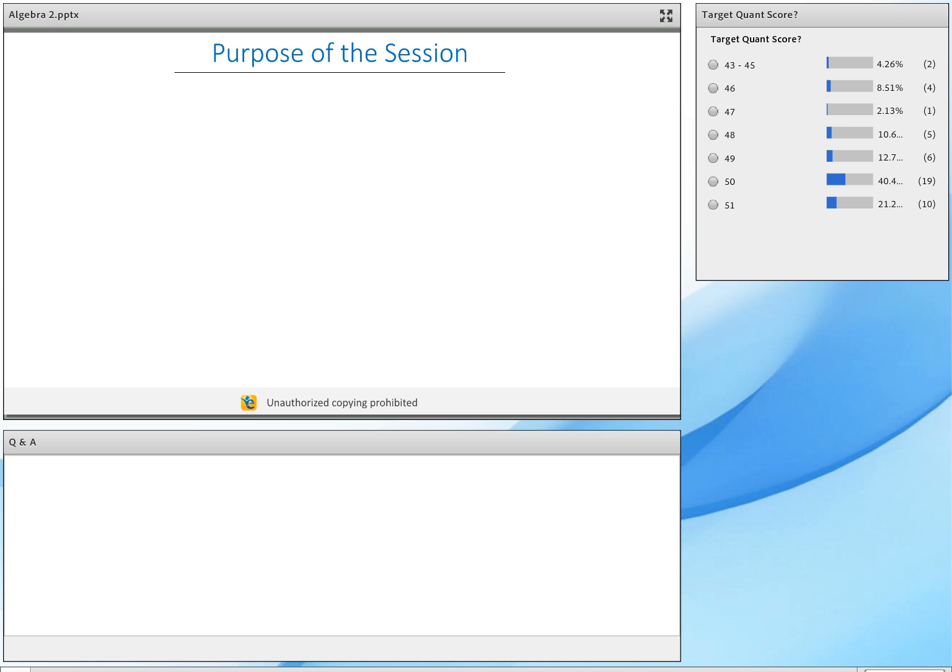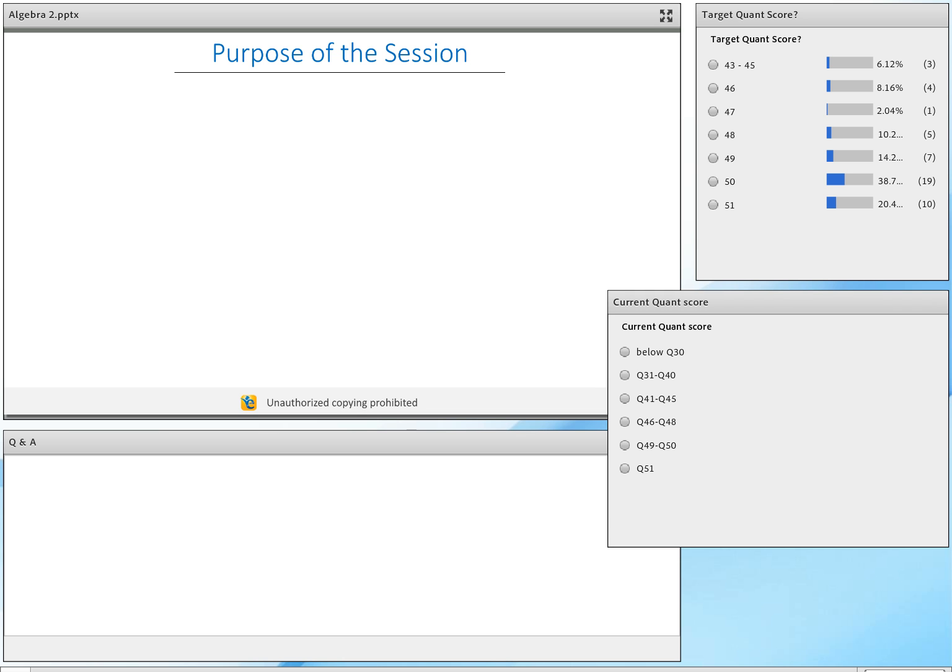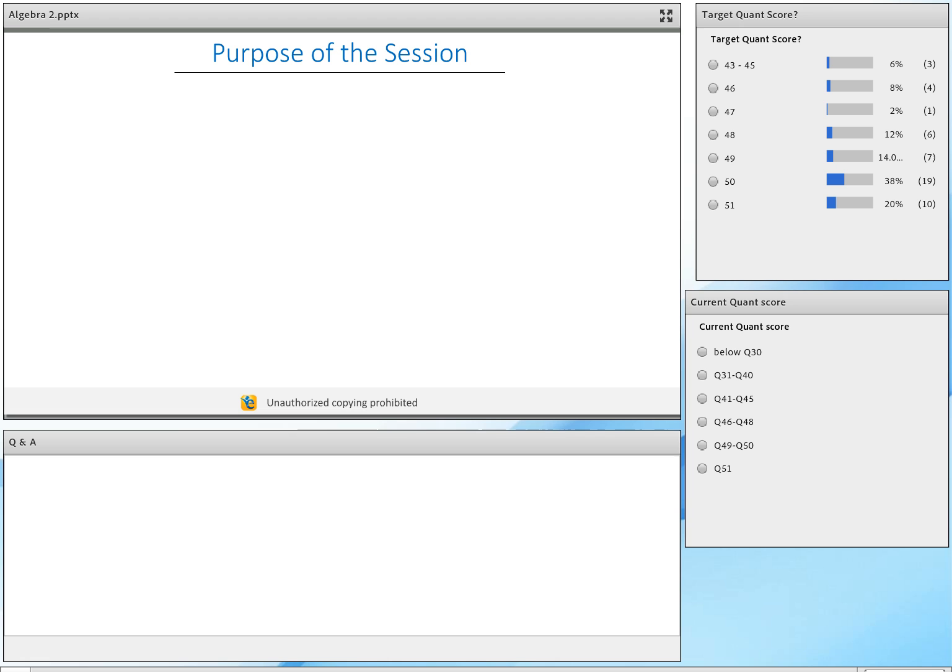All right, so that's your target score. Now, obviously, getting to 49 requires a certain skill set. Going from 49 to 50 requires a step change. And then 50 to 51 is primarily honing in and making sure that you have that precision when you are answering questions. So good. Let's look at what your current quant score is based on the assessment that you've done so far.